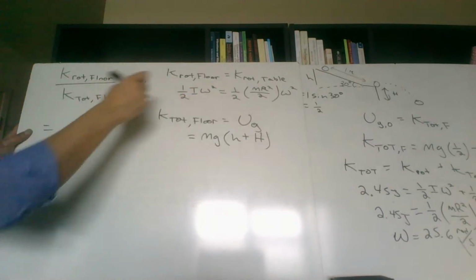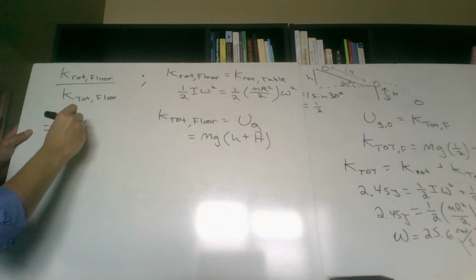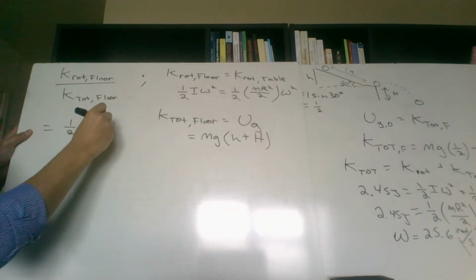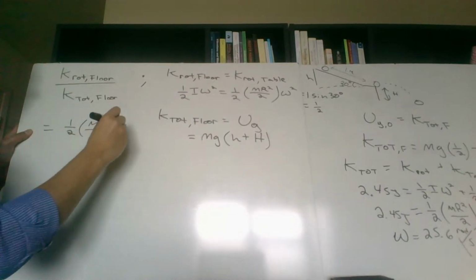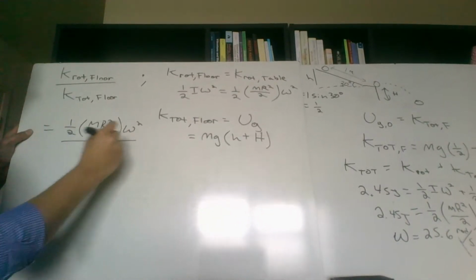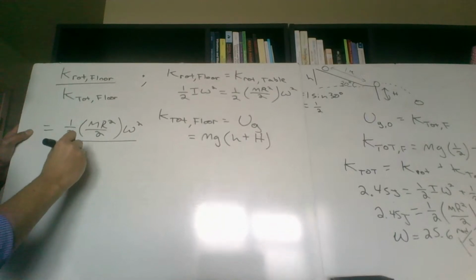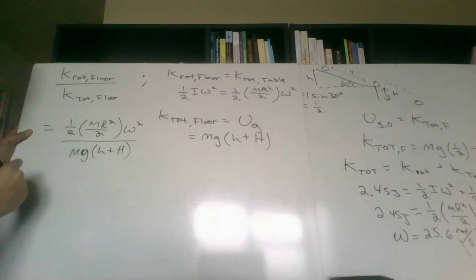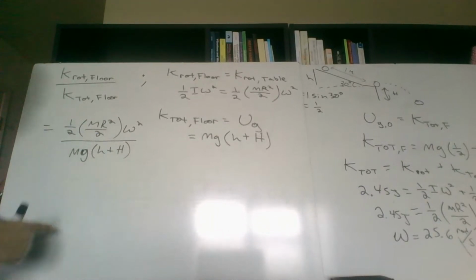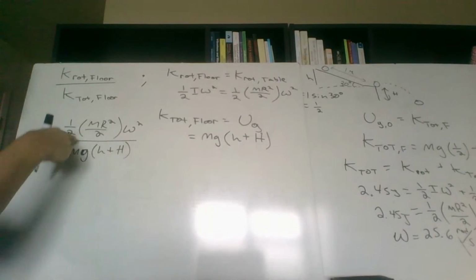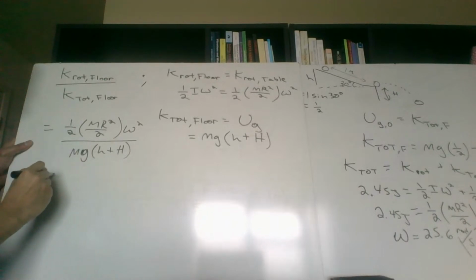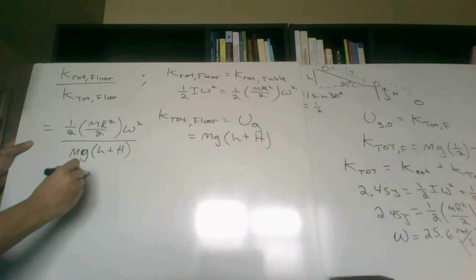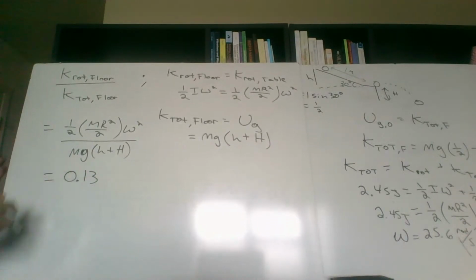This is equal to 1/2 m r squared over 2 omega squared divided by mg(h plus big H). And when you work this out by plugging in all the numbers, we know what all these numbers are now, it'll equal 0.13. And that's the ratio.